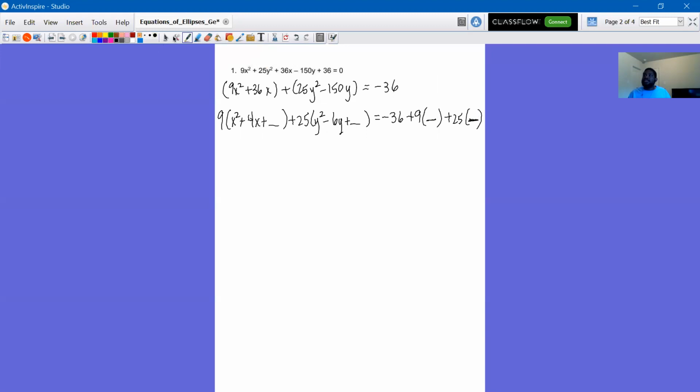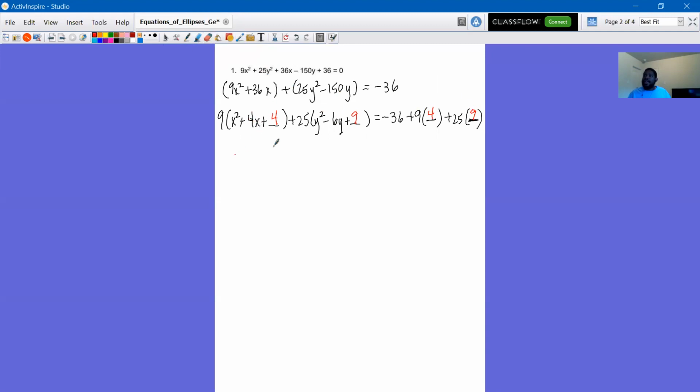Now we're ready to complete the square. To complete the square, we take half of our middle term and then square that result. So half of 4 is 2, and then 2 squared is 4. Here, take half of negative 6, which is negative 3, and then squared, that's 9. So we're going to add those same quantities over here.